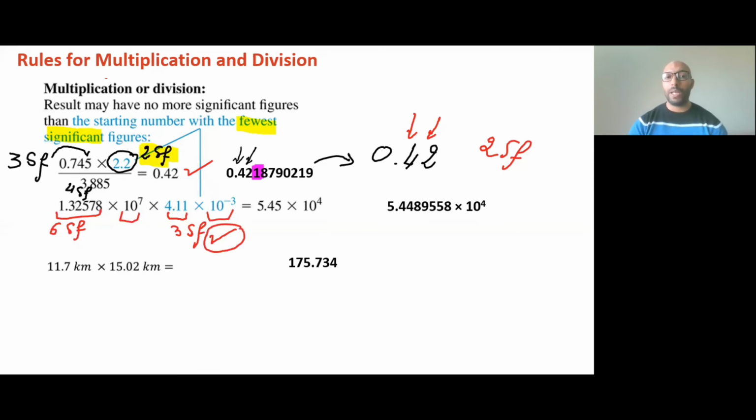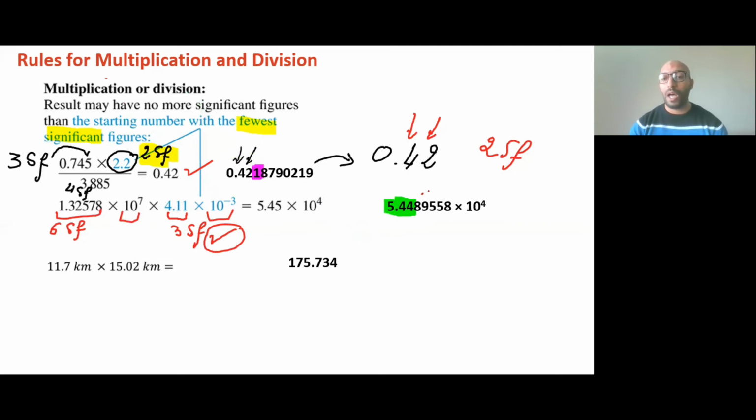The result from our calculator is 5.448955 times 10 power 4. We will choose only 3 significant figures. 5, 4, 4 are non-zero digits, so they count as significant figures. But please, as I told you, be careful.